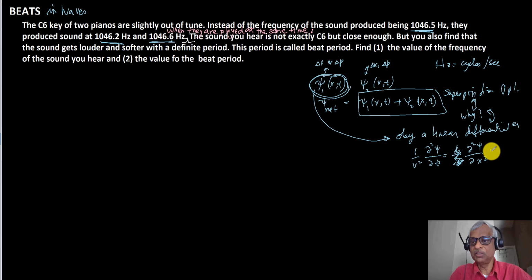If you're in three dimensions, you can have a similar one for y and z. And because psi is to the first power, it is linear. So that's the upshot of where it comes from.